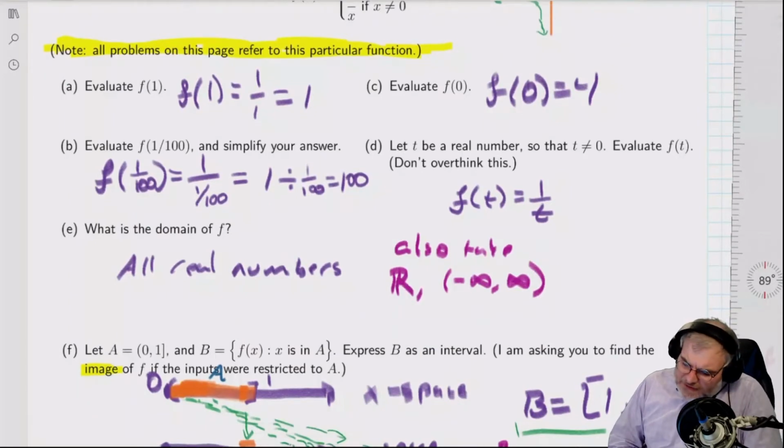Well, it's not really a limit. So for part D, it's not really a limit that we're looking for because a limit is a number. And what we really want is this expression 1 over t. Okay.